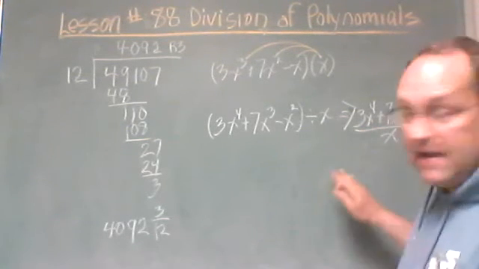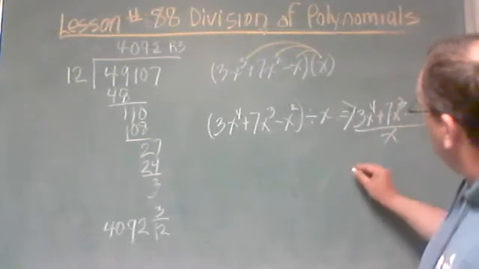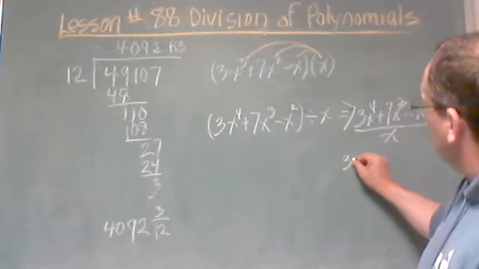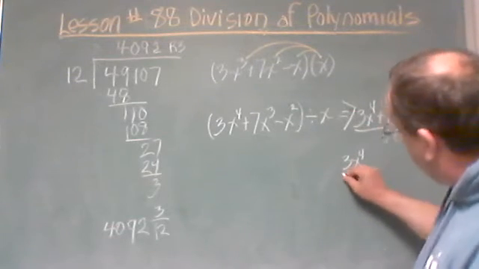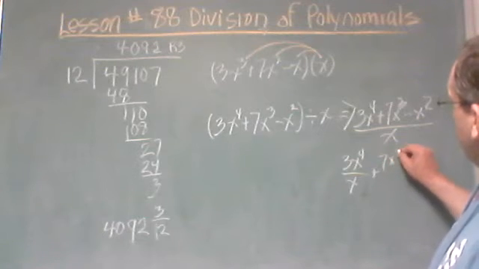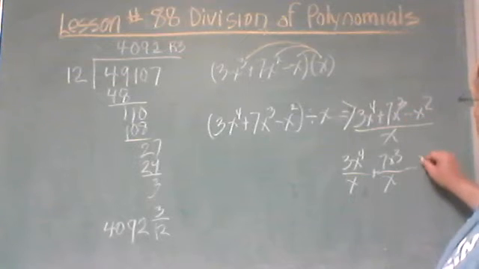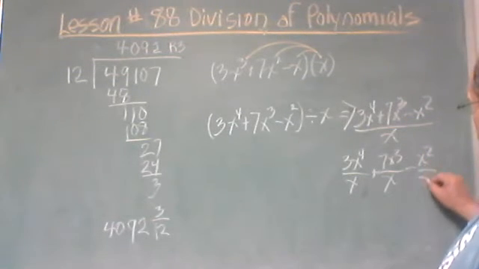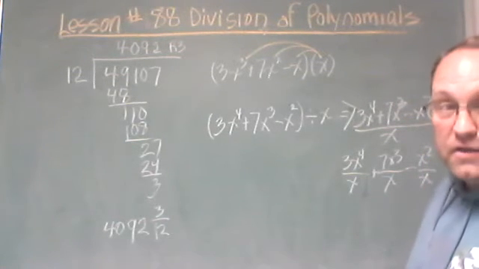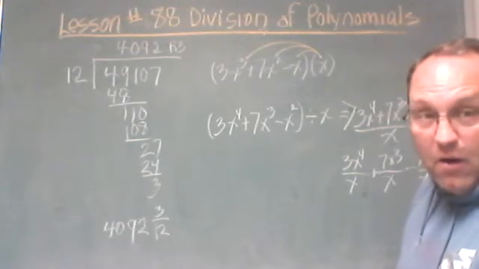I have a common denominator of x, so I can distribute that common denominator out: 3x to the 4th divided by x plus 7x to the 3rd divided by x minus x squared divided by x. Then I can use cancellation or my power rules of powers.